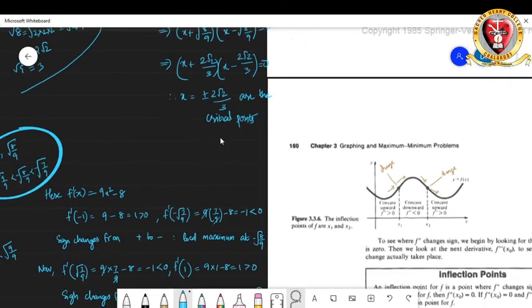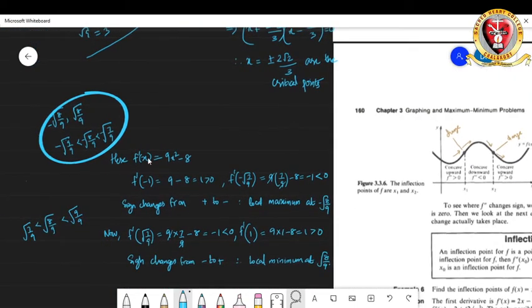Here what you are going to do is you have the function f dash of x is equal to 9x square minus 8. So first of all, you're going to take minus root of 8 by 9, that is minus 2 root 2 by 3. Minus root of 8 by 9 will come strictly in between minus root of 9 by 9 and minus root of 7 by 9, right?